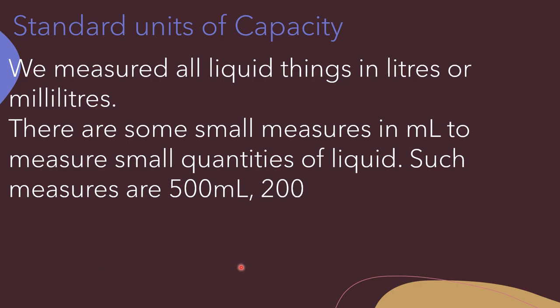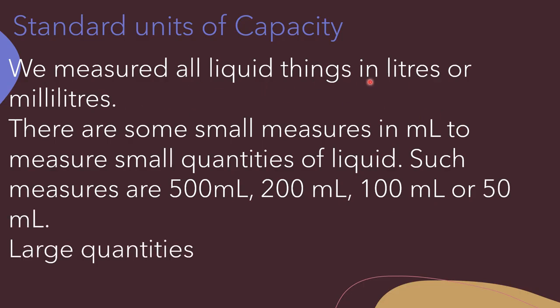Large quantities are measured in liters. Okay beta, so always remember that liquid things are measured in liters or milliliters. Small measures are measured in milliliters, and large quantity vessels and containers are measured in liters. Okay.